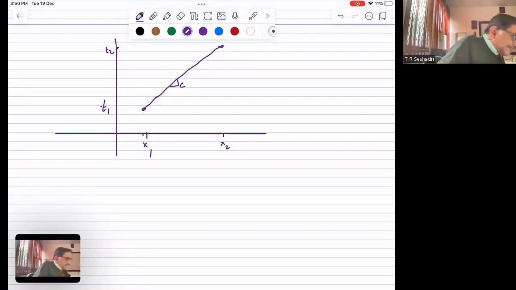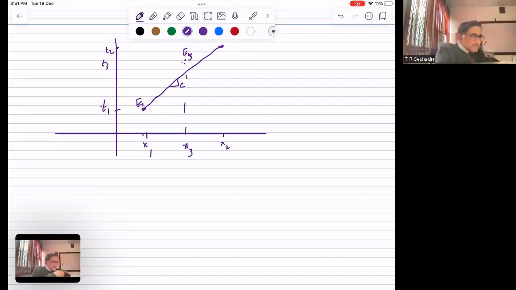But I can always have a situation where an event happens at x1 at t1 and another event happens at x3 at t3. It is not necessary that x3 minus x1 divided by t3 minus t1 should be the speed of light, for any two events.